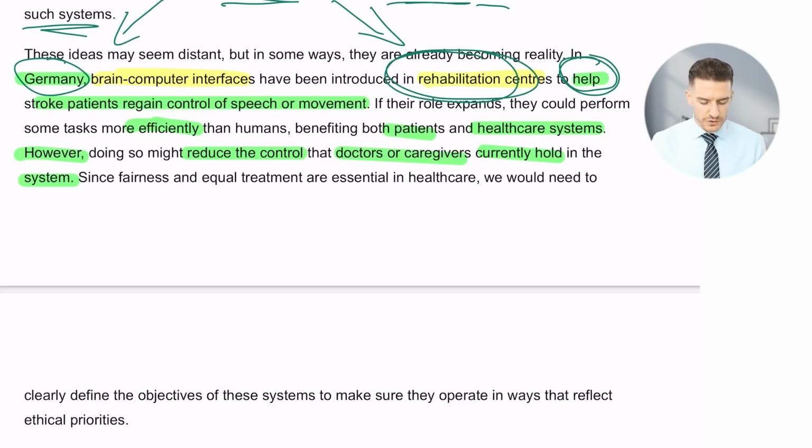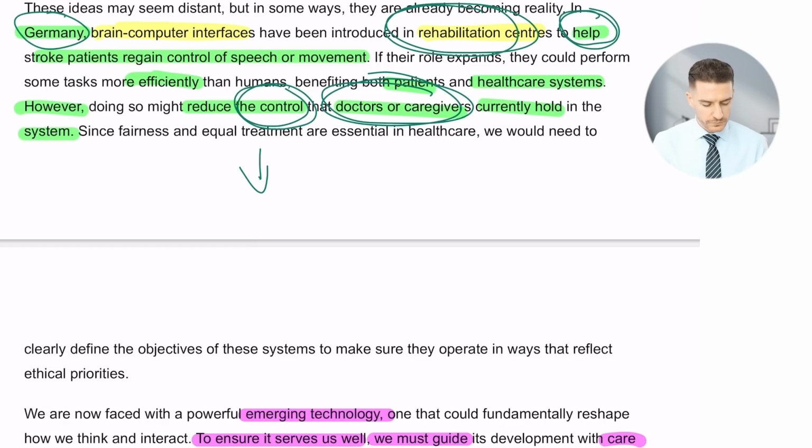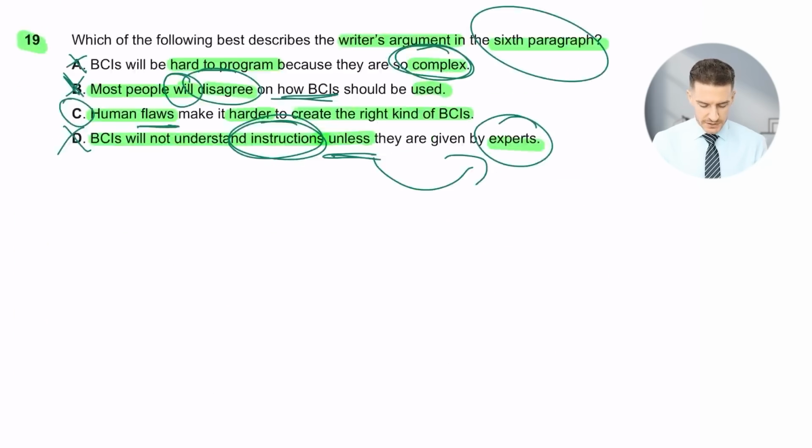So it looks like control is going to go down, and the ones with less control are doctors and caregivers. So we need to think of another way to say doctors or caregivers. Maybe you could say something like medical practitioners. That's the first thing that comes to my mind. And when it comes to control, maybe that's about the decisions or the authority or the power that these doctors and caregivers have.